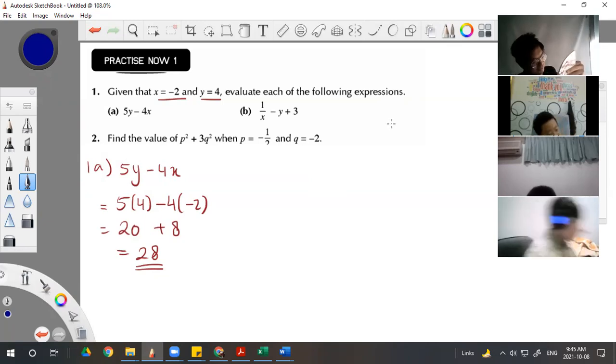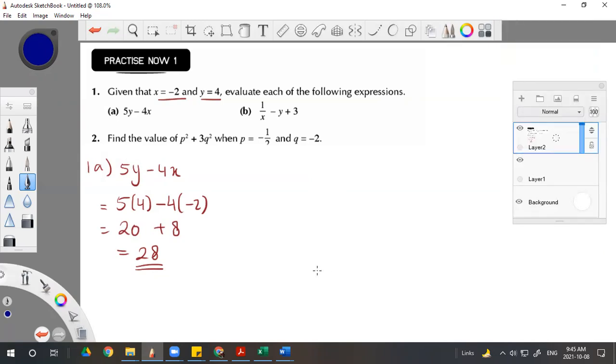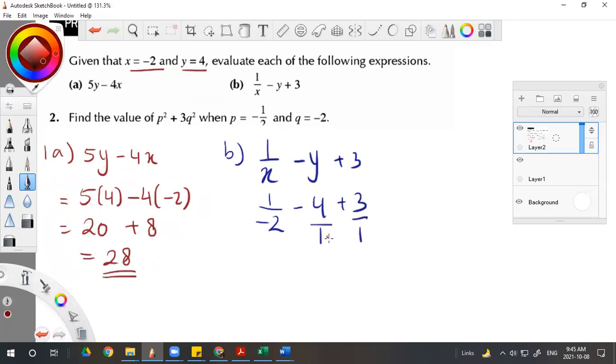Okay, continue. You have to look at page 86 ya. Turn to page 86. Okay, continue ya. Biar cepat. B. 1 over x, 1 over negative 2, minus y plus 3. So 1 over negative 2 minus 4 plus 3. Okay, we deal with the fraction. So how do we deal with the fraction? Make the denominator and then equalize the denominator, right?